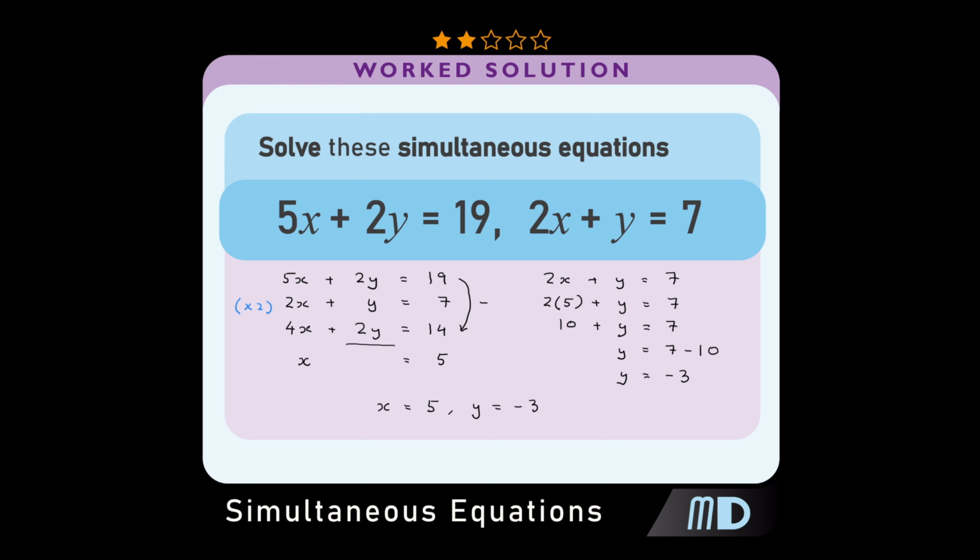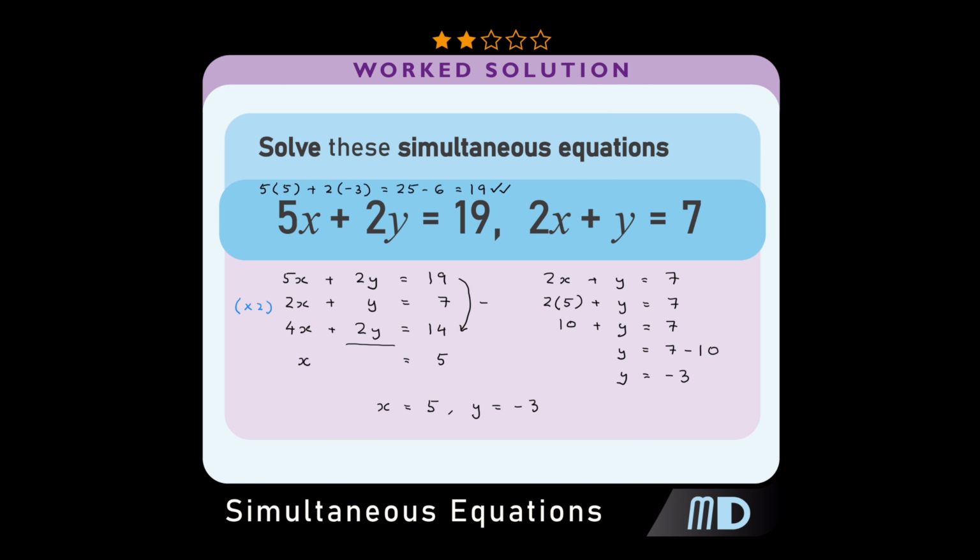Substituting into the first equation, we get 5 multiplied by 5 plus 2 multiplied by minus 3, which is 25 minus 6, giving us the answer 19.